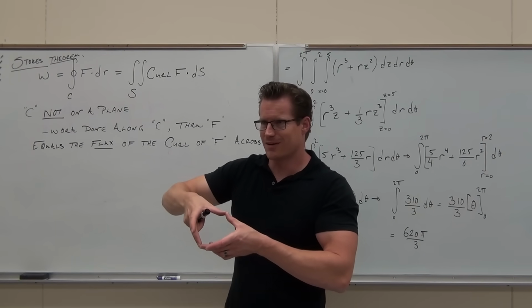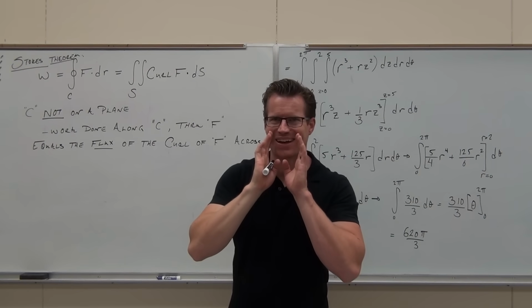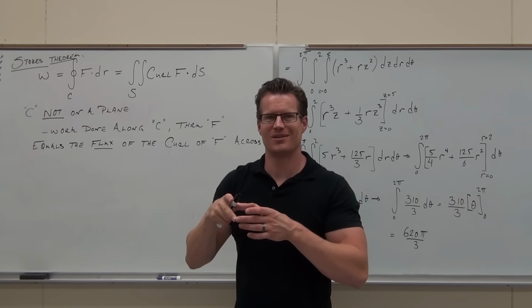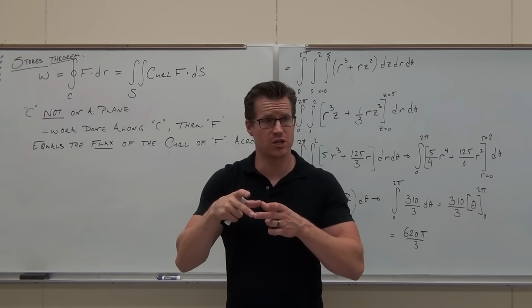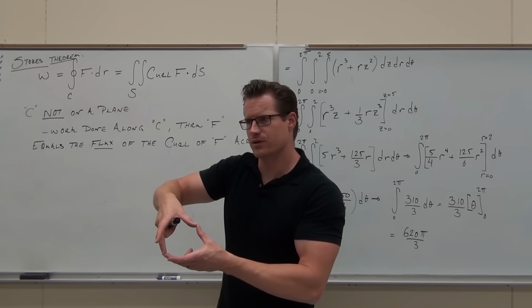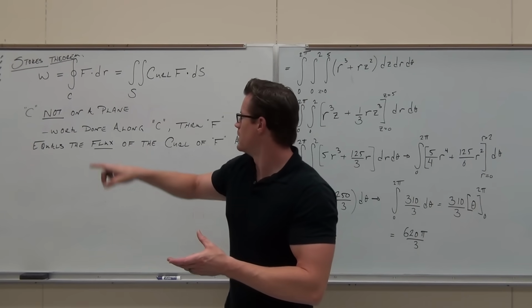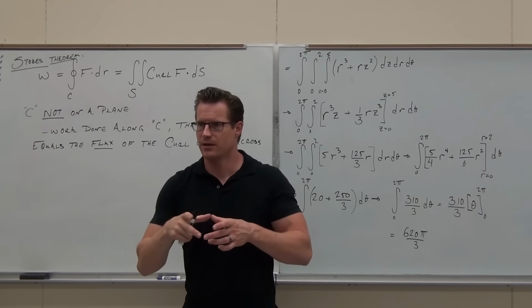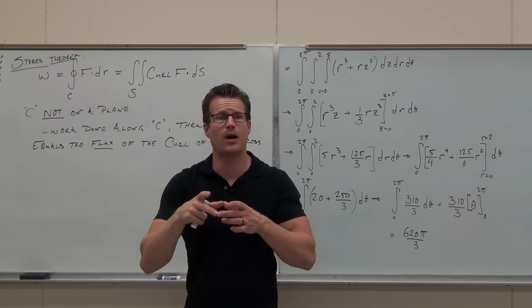Yeah. Okay. Like Green's theorem, remember that? Do you remember how Green's theorem dealt with the region that curve encompassed? This deals with the surface that simple closed curve bounds.